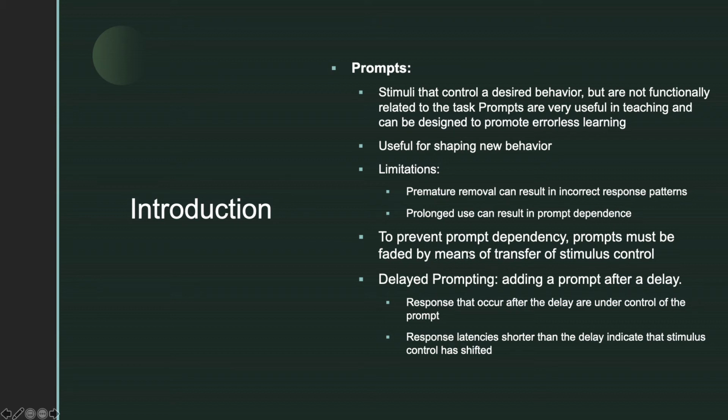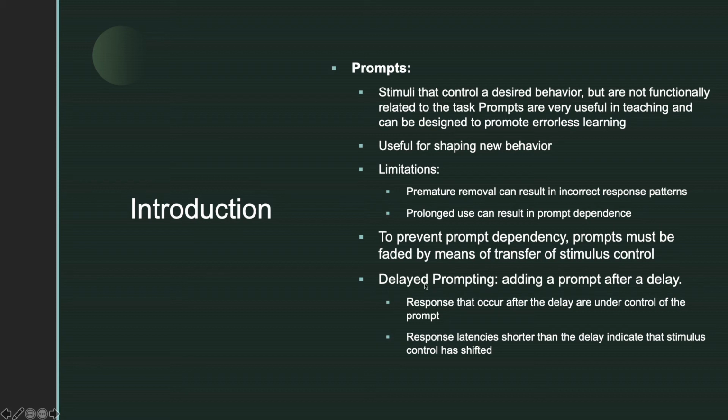So in order to prevent prompt dependency, we have to remove or fade these prompts, and that ends up being a method of transferring stimulus control. If we are using prompts, the response that we're prompting is under the control of the prompt, right? So that's a form of stimulus control. But we need the response to be under the control of some other stimulus. In the hand washing example, the instruction or the presence of the sink, faucet, bathroom, and so forth.